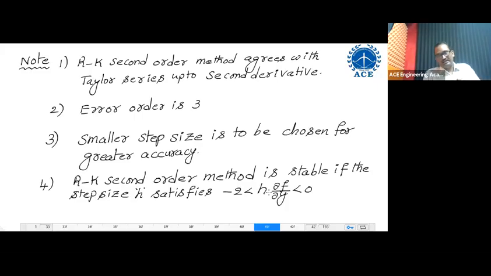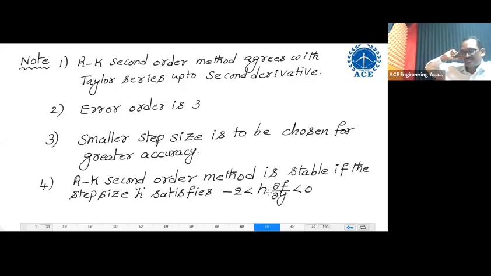All modified Euler's method problems can also be solved by second order RK method and vice versa. In the examination, if you are asked to solve a problem using second order RK method, you can solve it using modified Euler's method, or vice versa.